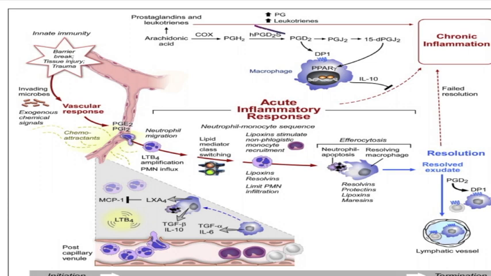Break tissue injury, trauma, invading microbes, exogenous chemical signals. So we get the phagocytes, and the host cells react to the presence of these foreign invaders, and they start liberating cytokines, lipid messengers, and other mediators of the insult.